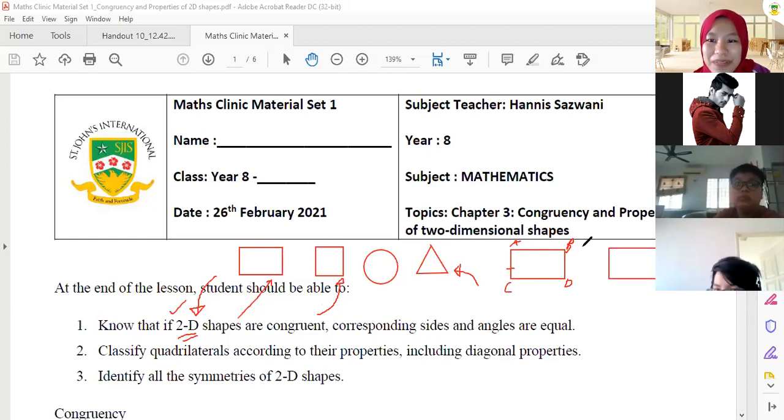Can someone tell me what is the corresponding side for the EFGH rectangle? Is it FH? Is it EF? Is it EG? Or is it GH? Thank you. Okay, so the corresponding side for AC is EG, which relates to it, equivalent to it. That's the meaning of corresponding.